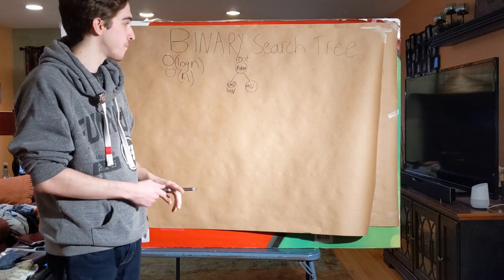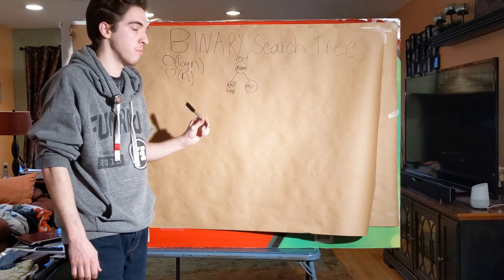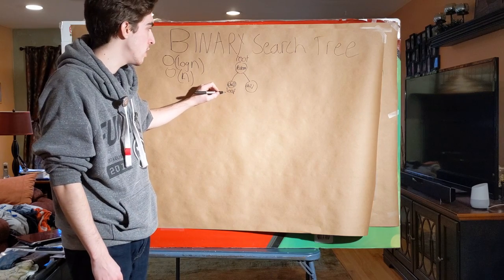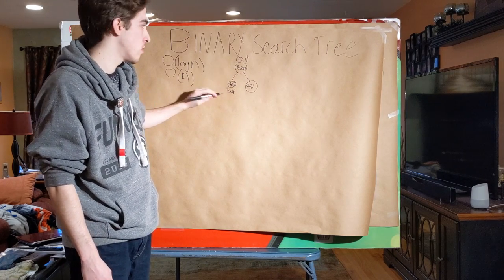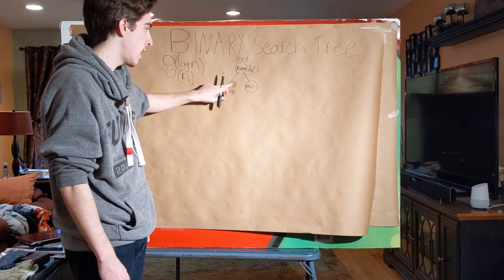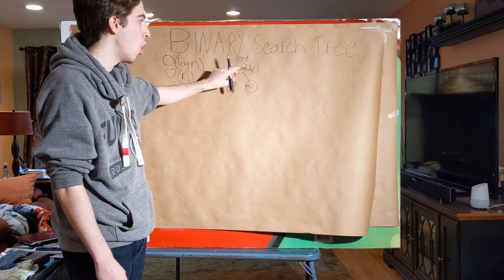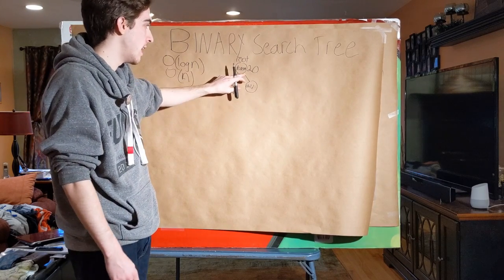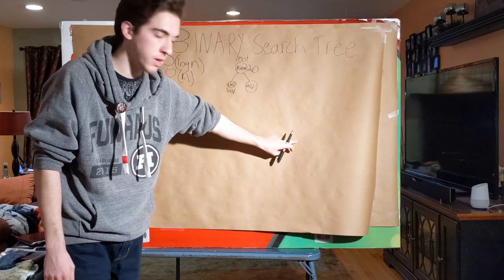That's how it goes. And in a binary search tree, if we were to put numbers to them, the left child is always smaller than the parent. So let's say the parent is 20. If I were to look at any of the left children, they will always be smaller than 20. So 1 through 19 would be on the left, and 21 and above will be on the right side.